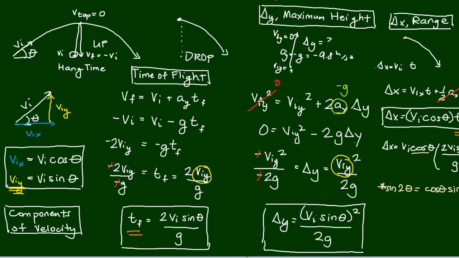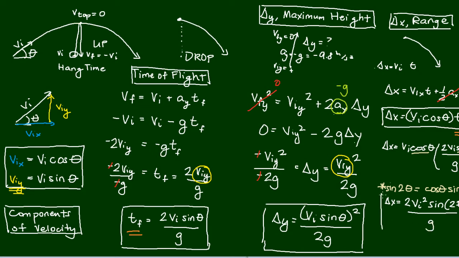So if we simplify this further, let me rearrange it a bit. Delta x is equal to, we have the 2 on one side. We know that Vi times Vi is Vi squared. And we have cosine theta times sine of theta. That simplifies to sine of 2 theta, that's a double angle, over g.